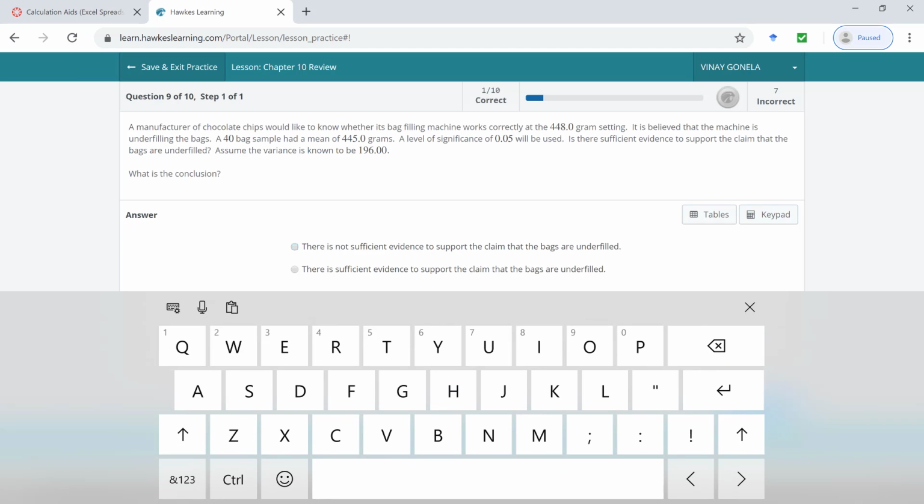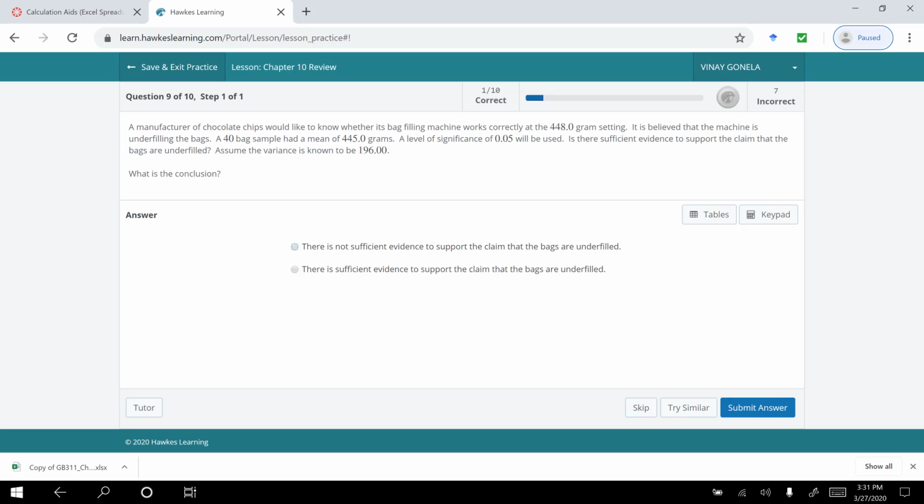How about the next one there? So let's see this problem. A manufacturer of chocolate chips would like to know whether its bag filling machine works correctly at the 448 gram setting. It is believed that the machine is underfilling the bags.